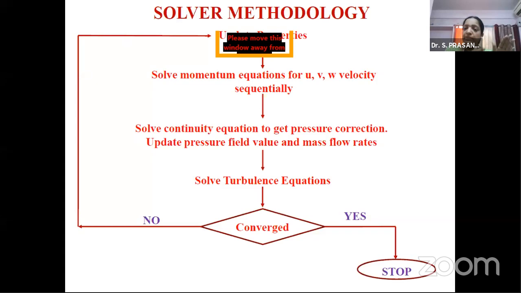Once your materials are done, the system has to run all the equations using a particular solver methodology. Why is a solver methodology required here? Normally all the flows, other than water or any other thing, we call incompressible flows.